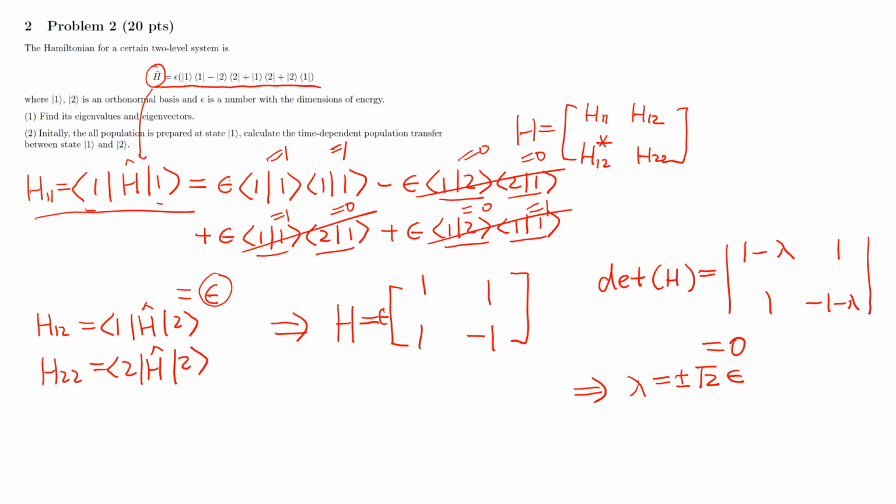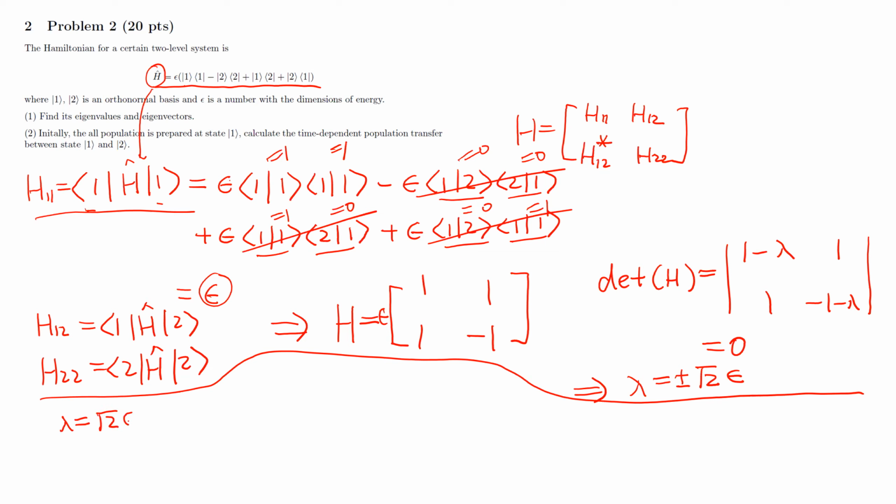And next, let's discuss each eigenvalue separately. Let's have some space here. The first eigenvalue is lambda equal to square root of 2 epsilon. If we put that into the original equations, we should get the eigenvector, 1 plus square root of 2, and 1. I did not do the normalization.